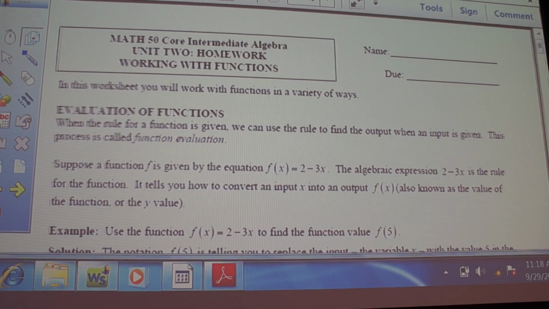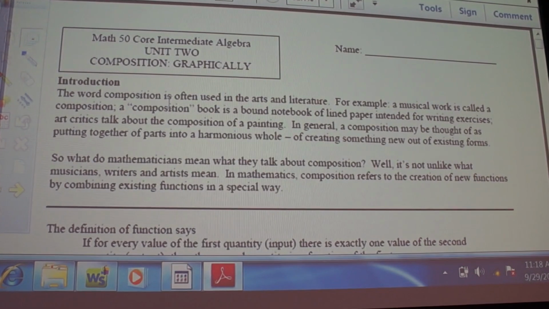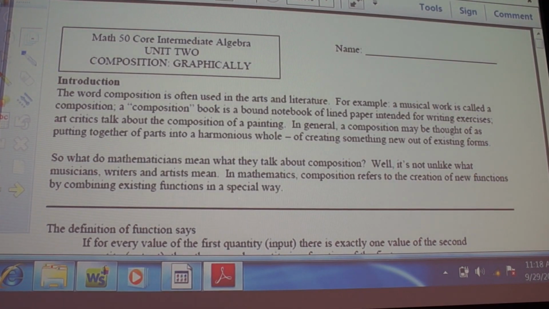See if we can grab another handout. Composition graphically, so I think I might still have those. Yes.